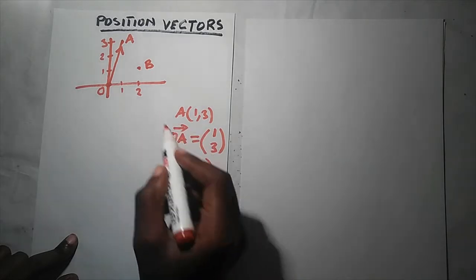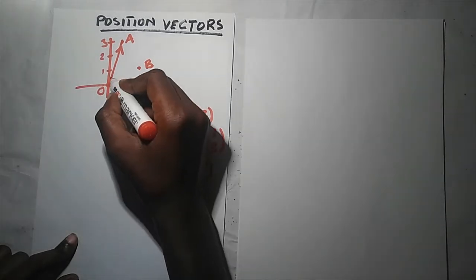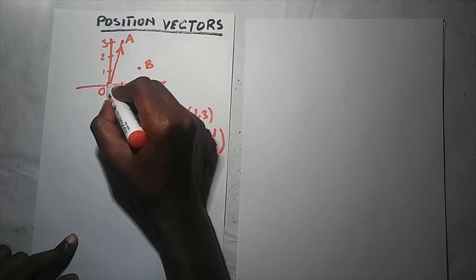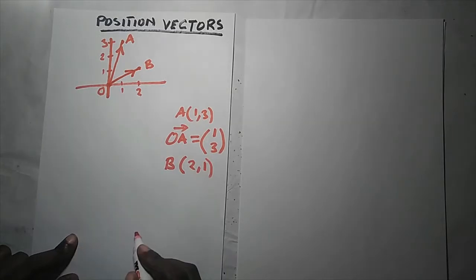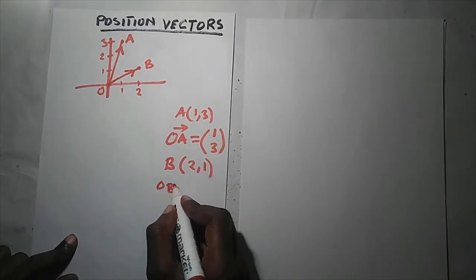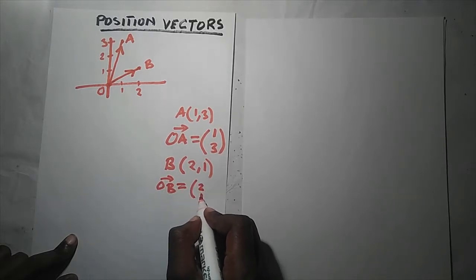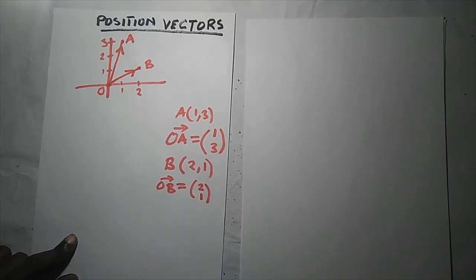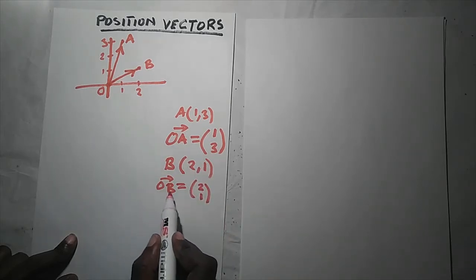Okay, so the position vector of the point B, which is 2,1, will start from the point O, going in that direction with an arrow. And so you can write it as OB with an arrow on top is equal to 2, 1. So here we always start with 2 here and then the 1 down. And so this is a position vector.